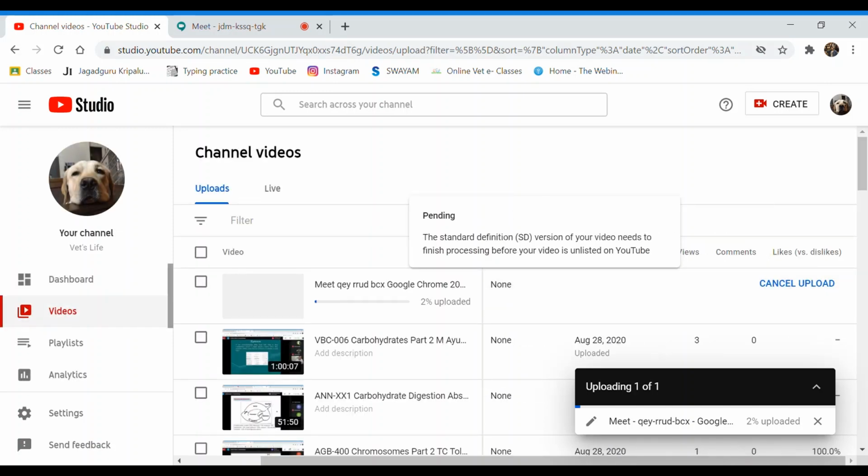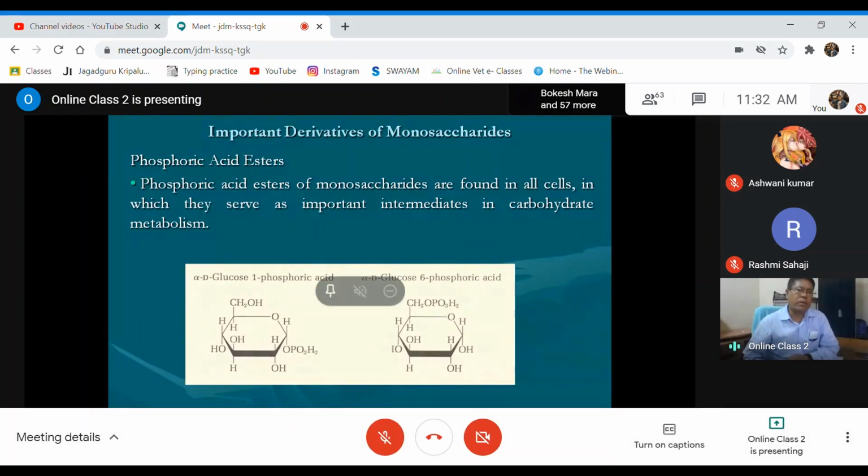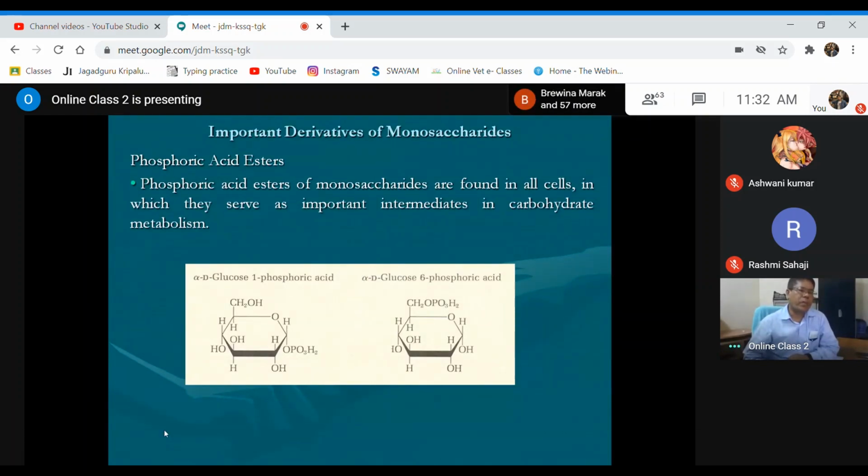Then, similar to the acylation or methylation, phosphoric acid can also be linked to the hydroxyl groups of the monosaccharides. Whatever linkage it will be, we know that when the reaction is between an alcohol and an acid, that linkage we call an ester.